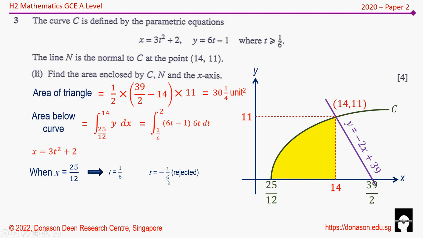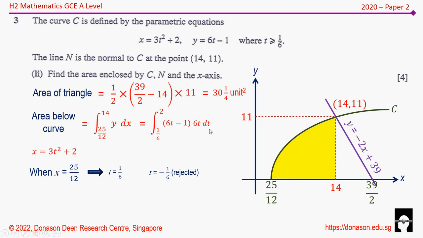Of course the negative 1/6 is rejected, because if you substitute that in here, the y coordinate becomes negative, which is not on the graph. It's only the positive side of the graph that we have. So t equals 1/6 is what is kept. So in place of 25/12, I'm going to replace it with the limit of 1/6, because that's the limit of dt. So now we have it in terms of t.